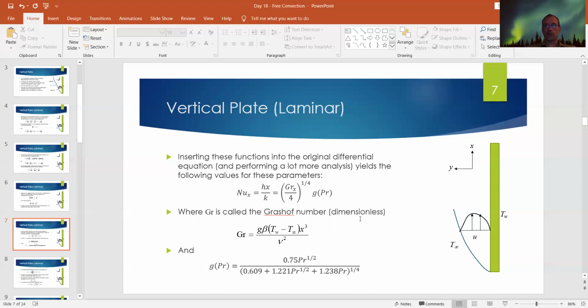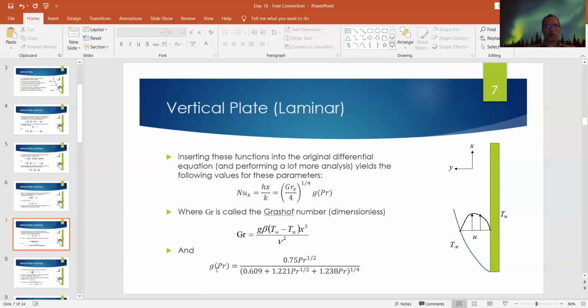It's another one of these dimensionless numbers. It's equal to g, gravity, times beta, the volume expansion coefficient, times the temperature difference, T wall minus T infinity, times x cubed, where x is where I am on the plate from the leading edge, so x equals 0 down here, and moving upwards is my x direction. And then kinematic viscosity, nu, squared on the bottom.